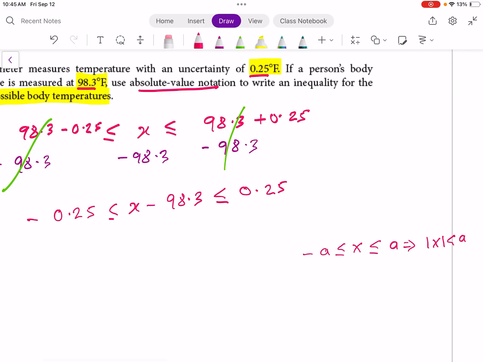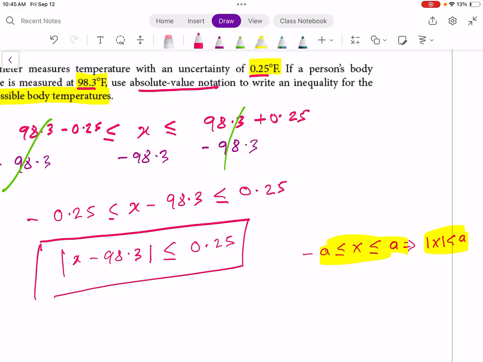This is the one that we use to solve the absolute value inequality; we are just going in the reverse direction. So this is the absolute value of x minus 98.3 less than or equal to 0.25, and this is the absolute value inequality for the possible body temperature. So we use the very first definition of solving an absolute value inequality.